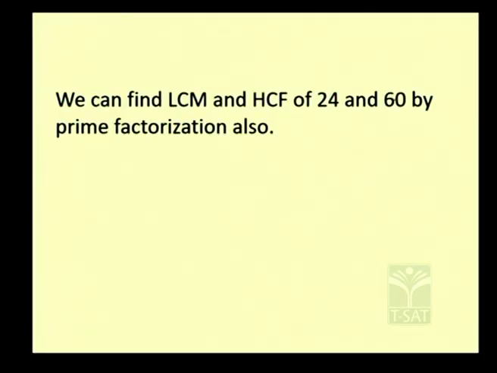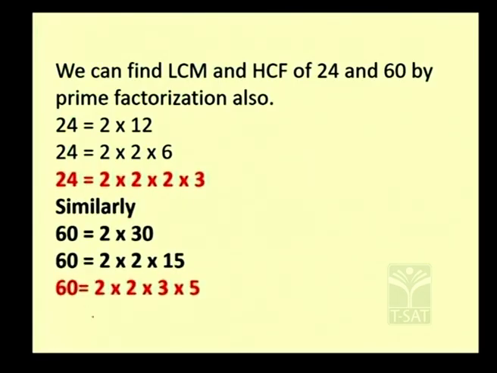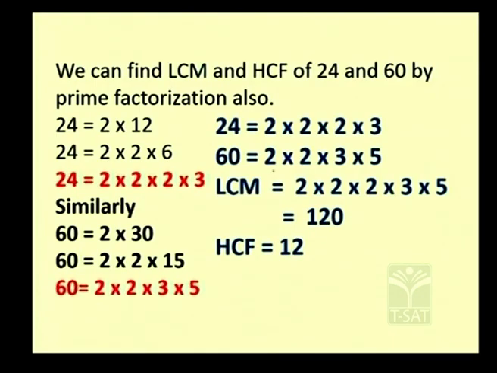We can find the LCM and HCF of 24 and 60 by factorization. First, we write 24 as a product of prime numbers, and 60 also, we try to find as a product of prime numbers. Let us see, the LCM is 2 into 2 into 2 into 3 into 5, which is 120.